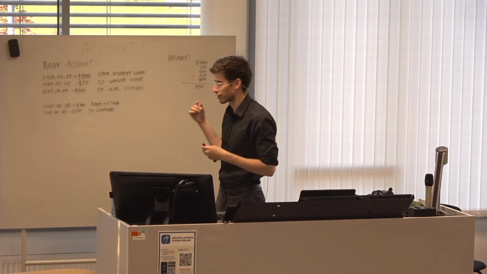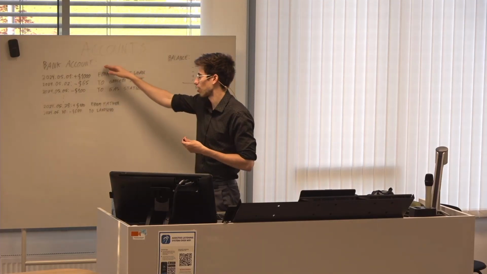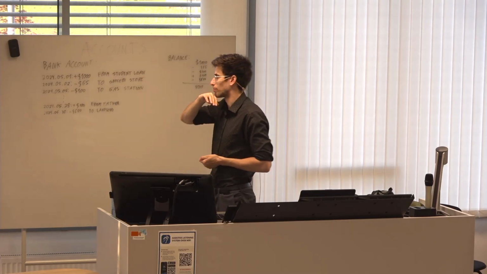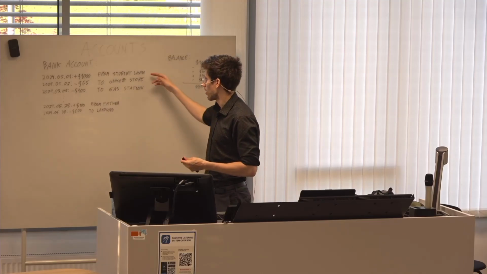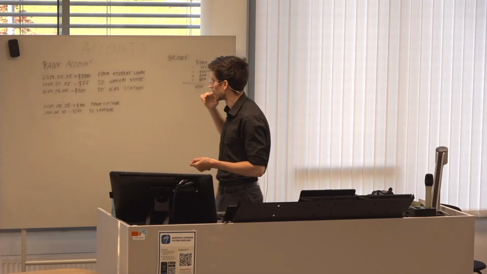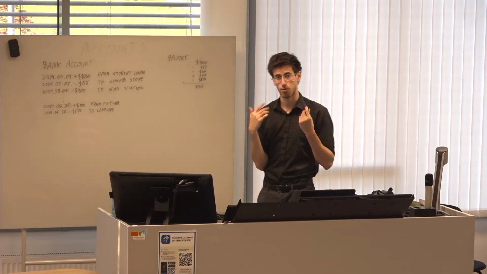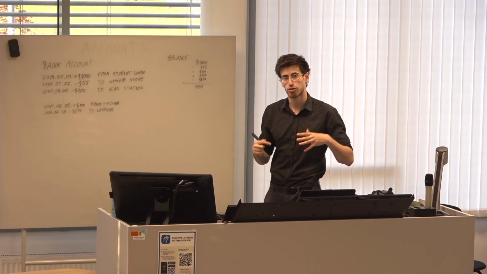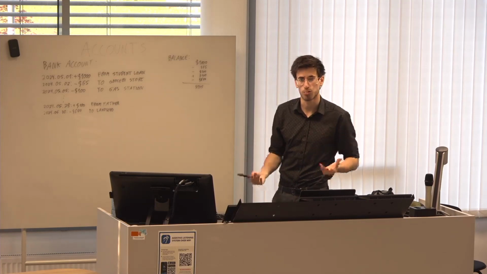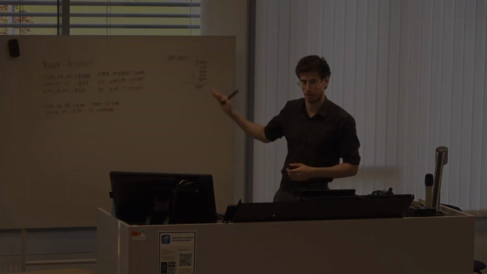So in single entry bookkeeping, you only have an account that you add or subtract the resource or money per transaction. But a better way of tracking your money and managing it in accounting is actually the double entry bookkeeping system, which I'm going to show you now.